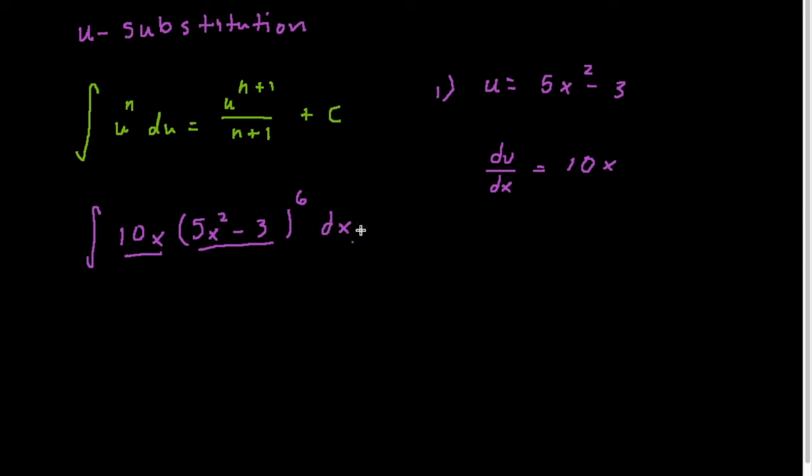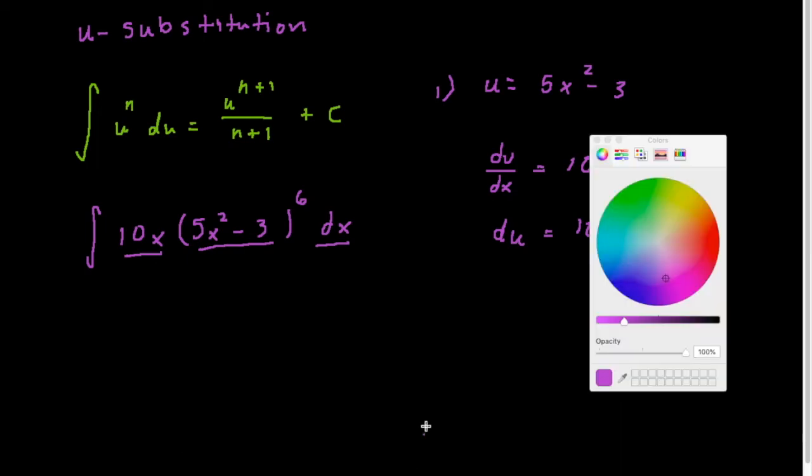The only thing we don't have is this dx, but we need to do one more step and move the dx to the other side by multiplying both sides by dx. Now we've accounted for everything in the problem: 5x squared minus 3, this 10x, and this dx. In our second step, we will substitute these back into the problem.